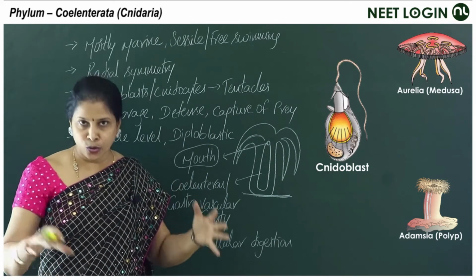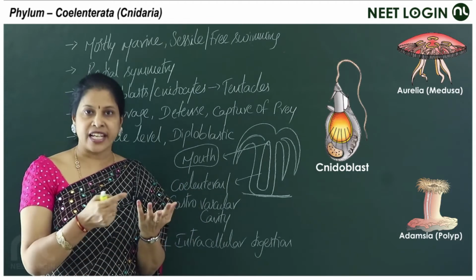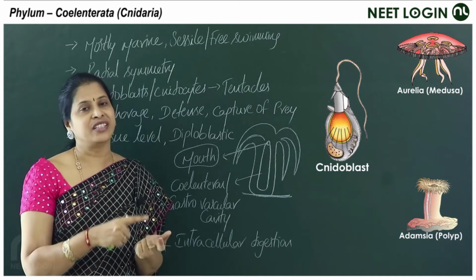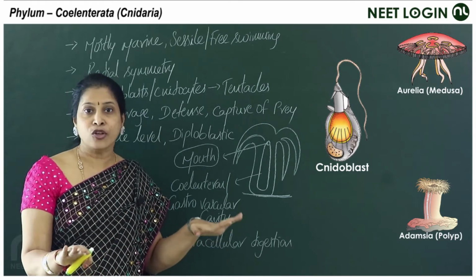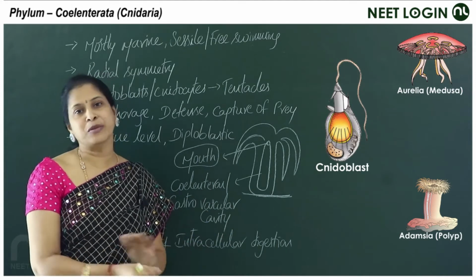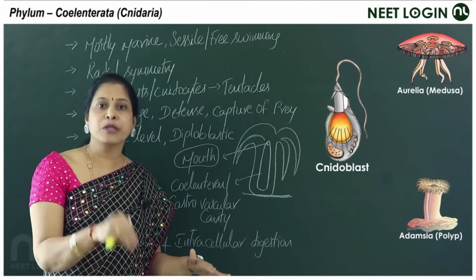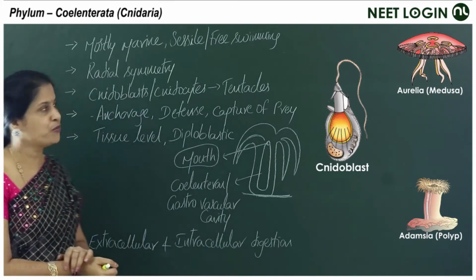So, I am concluding all the basic points: they exhibit tissue level of organization, diploblastic, with radial symmetry. As I said, not all, but a majority of them are marine, though all are aquatic. So, here also some are freshwater forms.